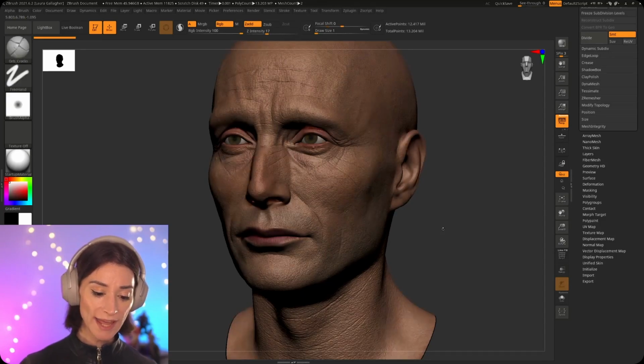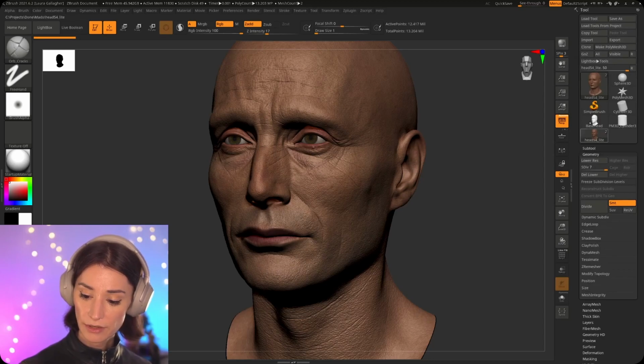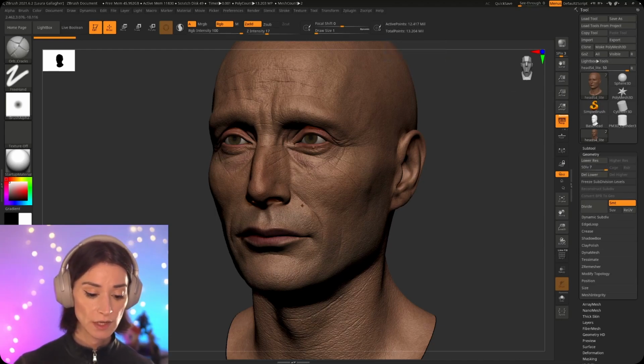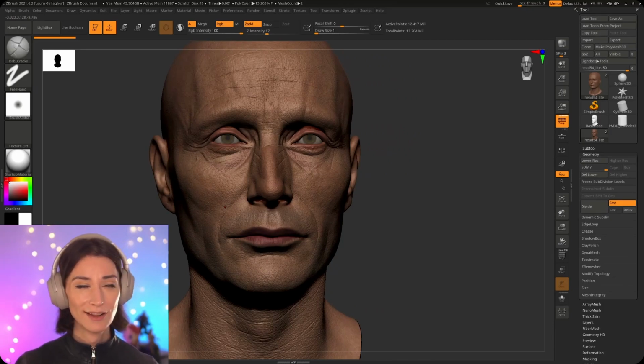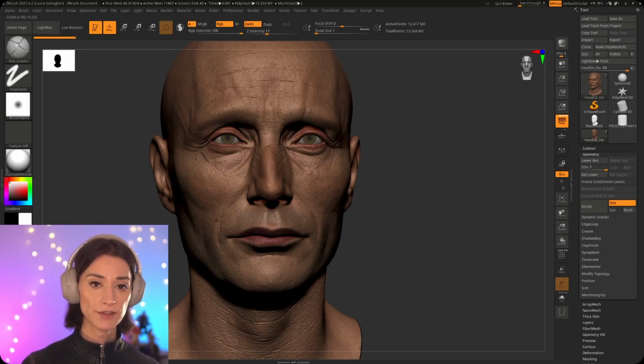So this whole head here is in subdivision. If I check out the resolution here, you can see I'm at subdivision 7. Right now, I have about 12 million polygons. It's a good place to start. Truth be told, you don't usually need to go over that for faces, unless you plan on doing some really crazy close-ups.